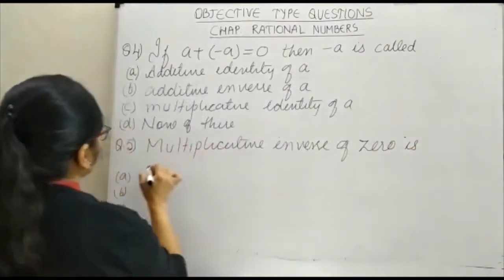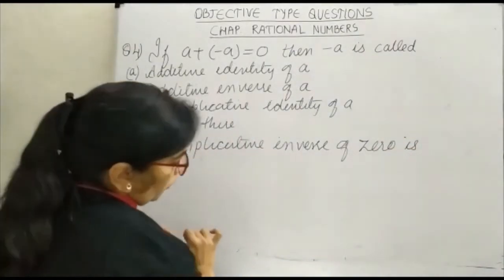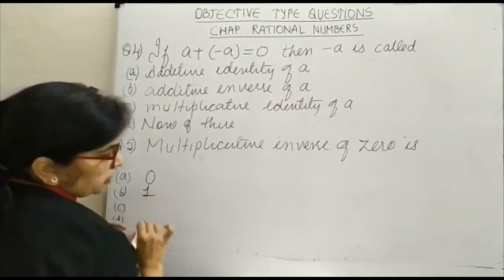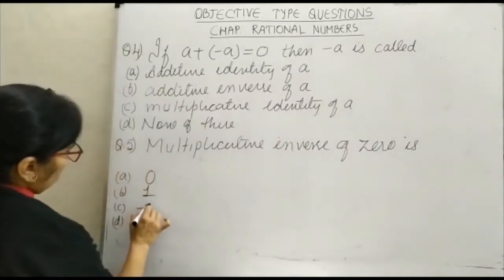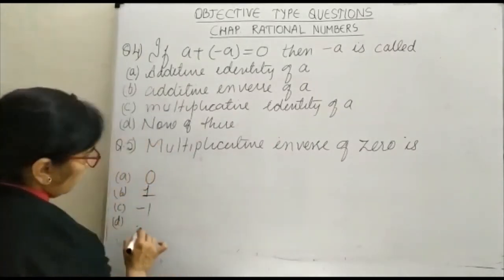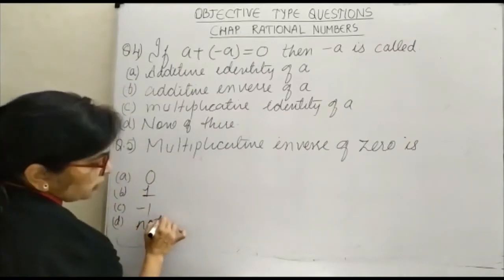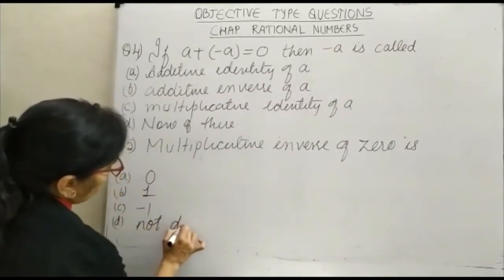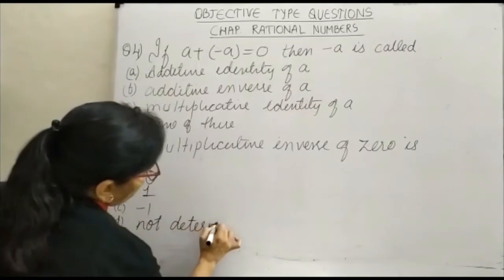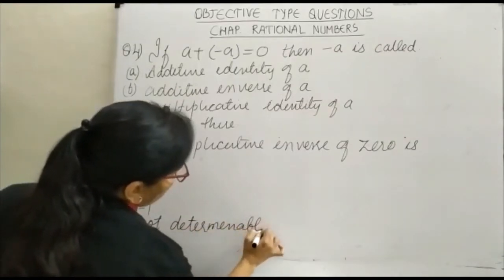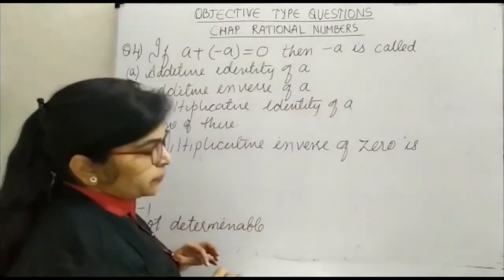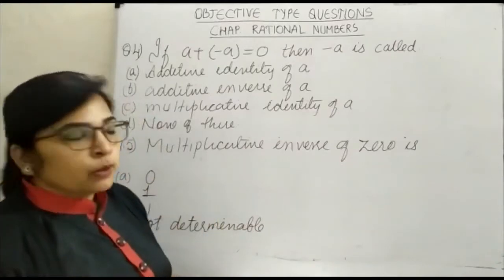First option is 0, your second option 1, third option -1, and the fourth is not determinable. Not determinable का मतलब it cannot be worked out.